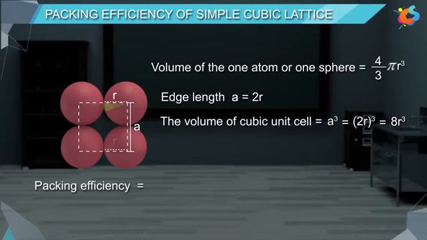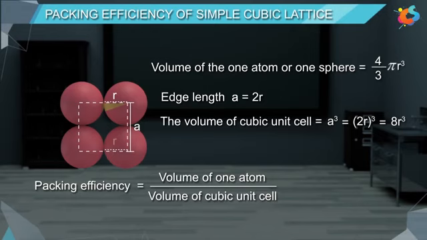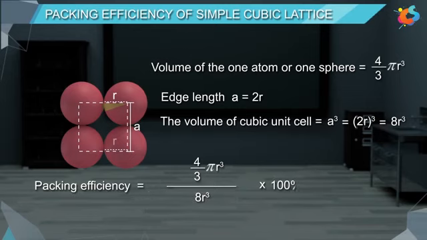Percentage of the space occupied by spheres, or packing efficiency, is equal to volume of one atom divided by volume of cubic unit cell into 100%. Packing efficiency is equal to 4/3 πr³ divided by 8r³ into 100, which is equal to π/6 into 100.